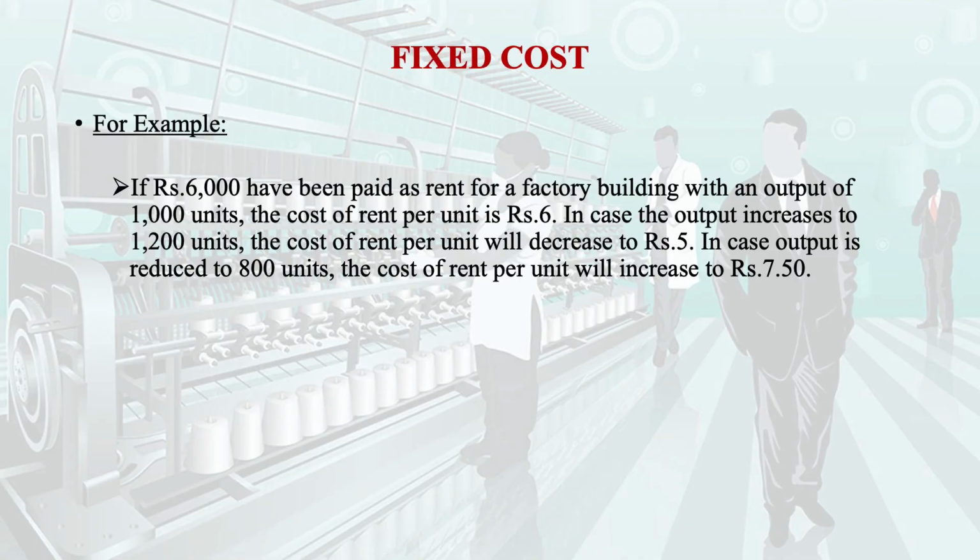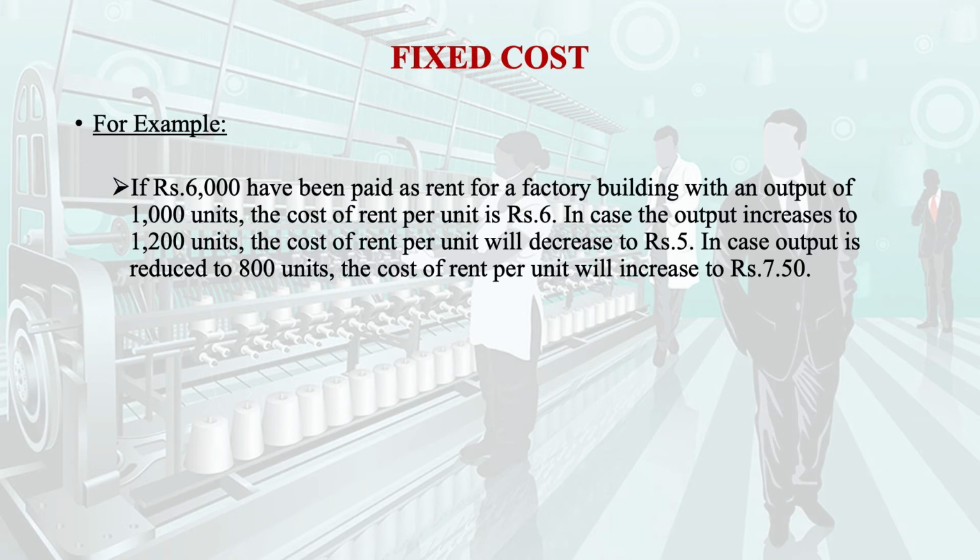For example, if we take rupees 6,000 as rent paid for a factory building for an output of 1,000 units, you can easily determine the cost of rent per unit. That is 6,000 divided by 1,000 and you will get rupees 6.